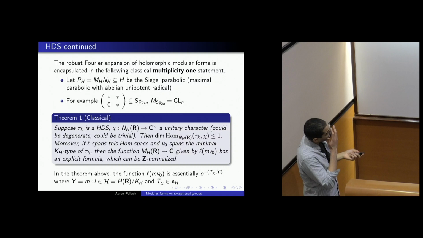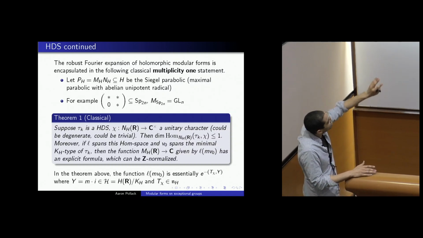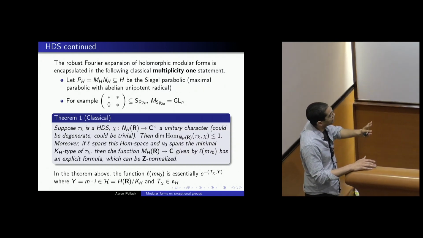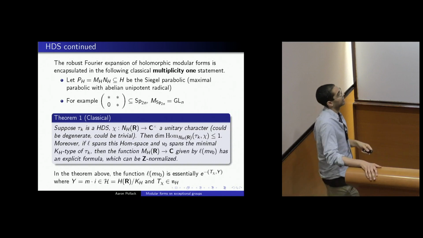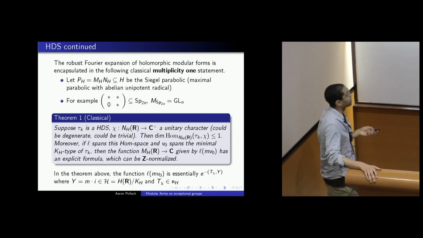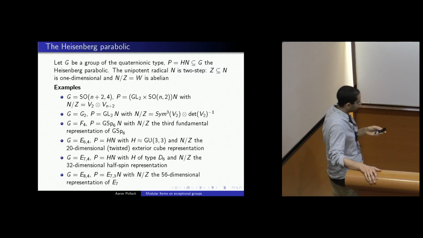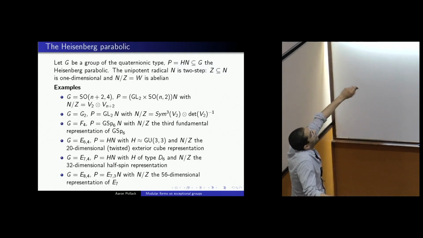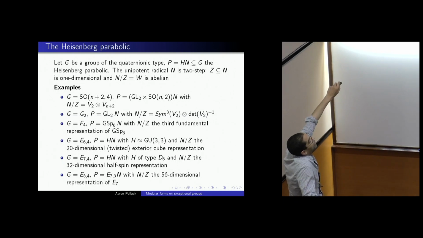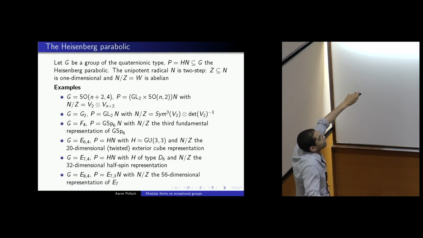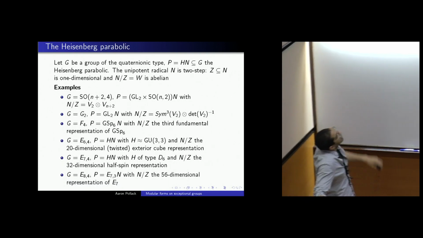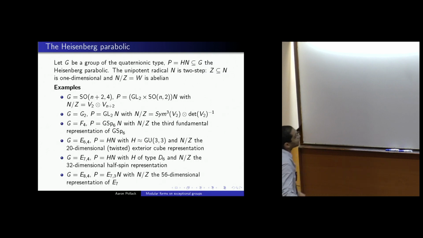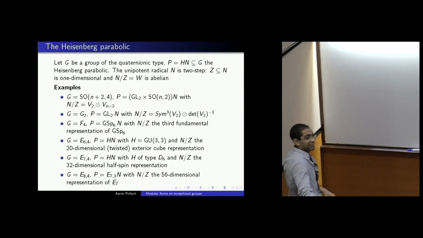The first main result is that this theorem carries over to these quaternionic discrete series as much as you could hope. If you have one of these groups G that are the main players in this talk, so SO(n,4) or one of these exceptional groups with rank 4, then there's a special parabolic, the Heisenberg parabolic.